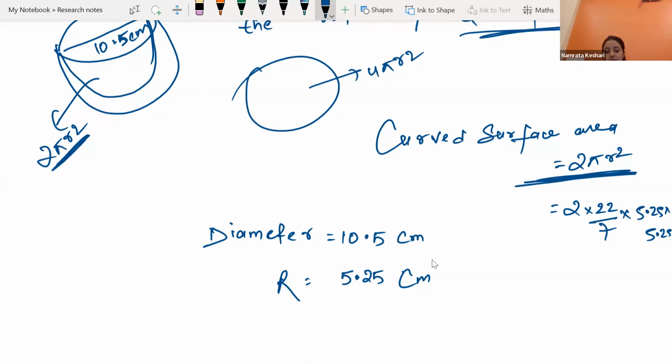Yes, everyone is getting the same. Okay, so this is our curved surface area.